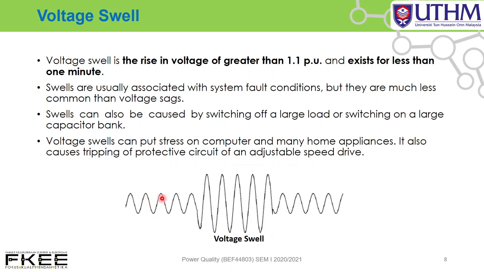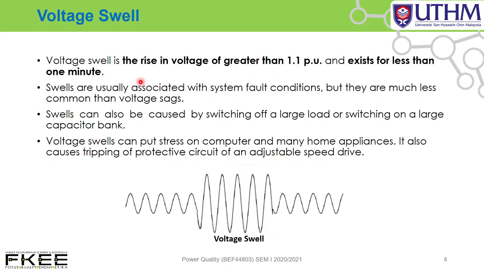At a certain period, that voltage will rise greater than 1.1 per unit. This is a normal voltage, 1 per unit of magnitude, and then the voltage suddenly increases beyond 1.1 per unit and is maintained for less than 1 minute, so that one we call a voltage swell or voltage rise.